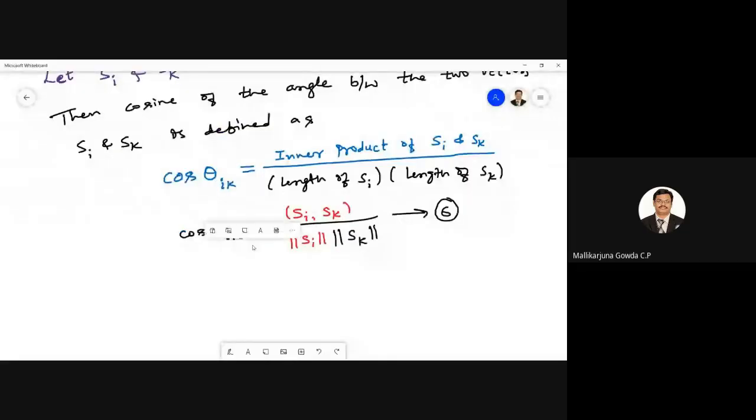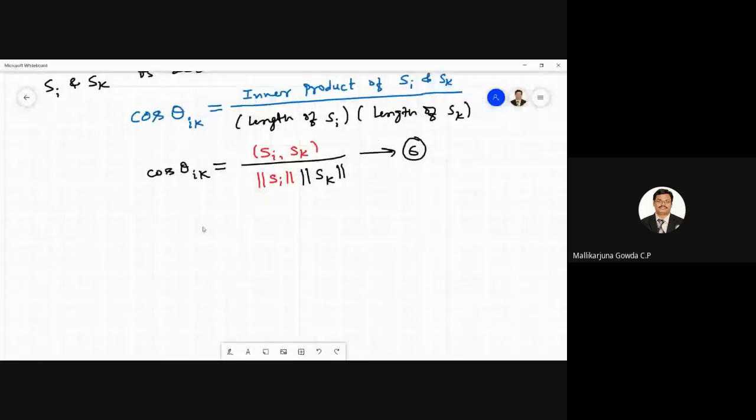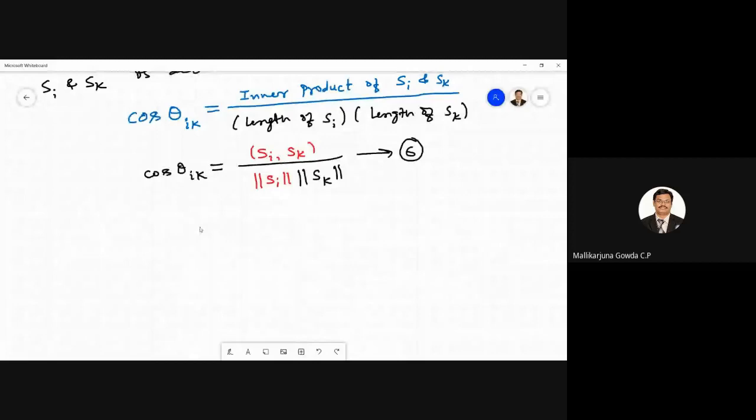We call this cos theta ik the correlation coefficient between the two signal vectors Si of t and Sk of t.